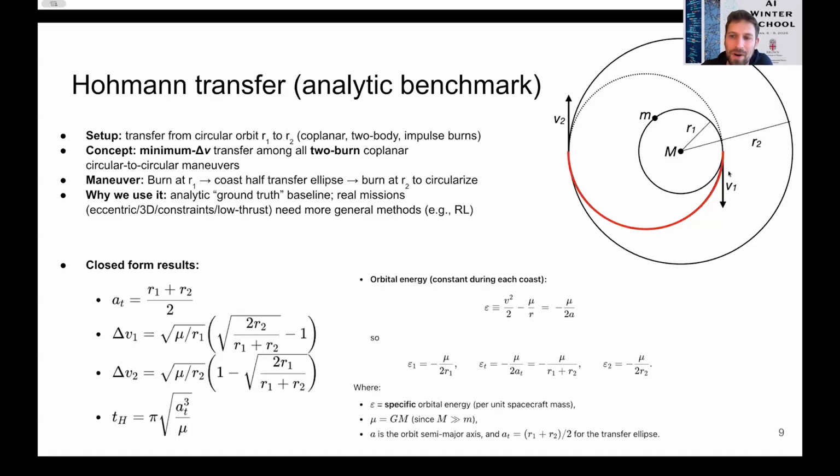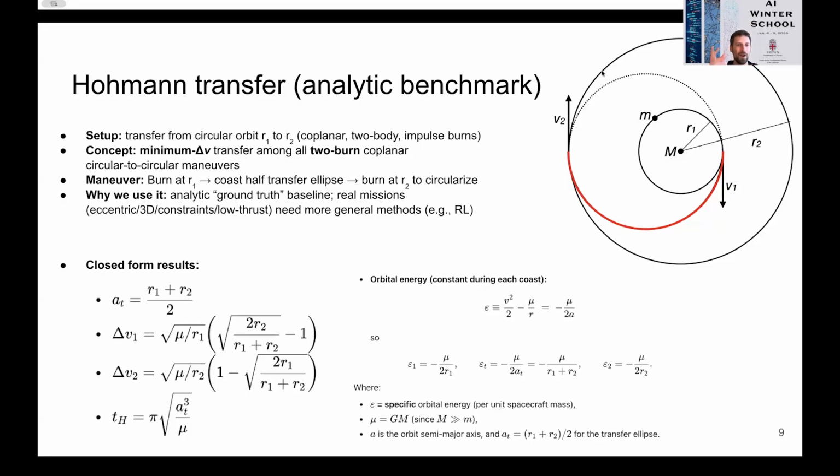At some point you do a burn where you change the velocity by delta V1, and then that kicks you onto a transfer ellipse shown in red. Once you get to the target radius, you do the second burn, both prograde, by the way, so they're both in the direction that the spacecraft is traveling. You do that second burn, and that locks you in stably on your target R2 radius.